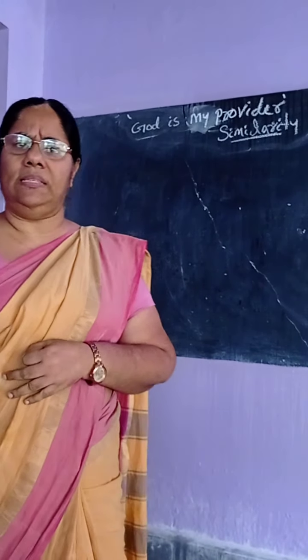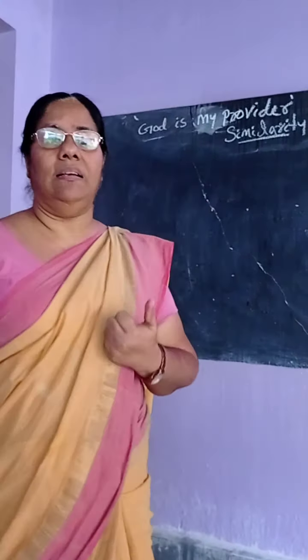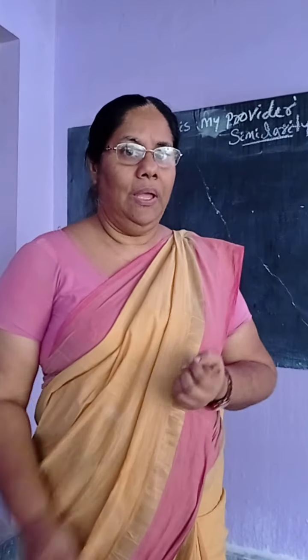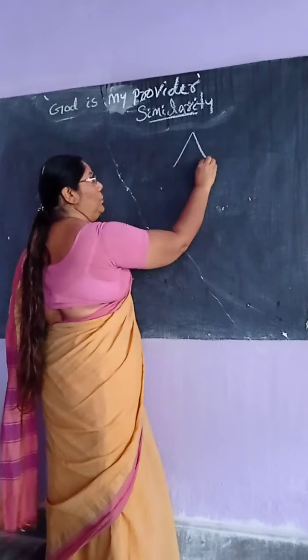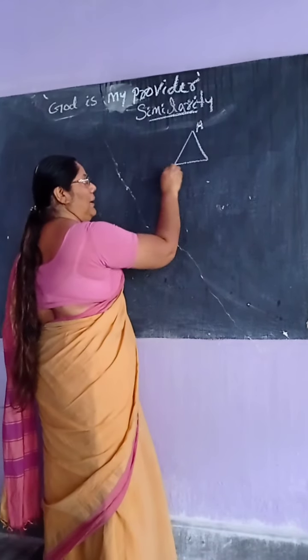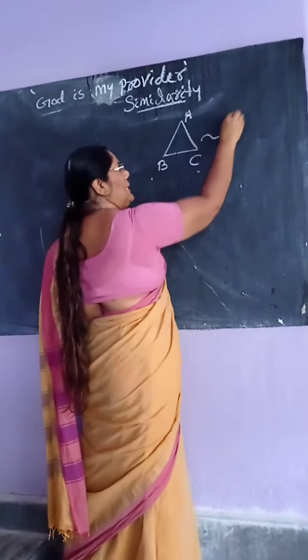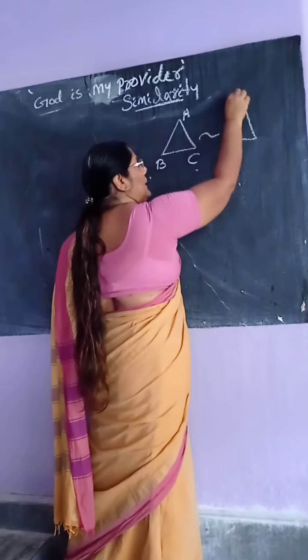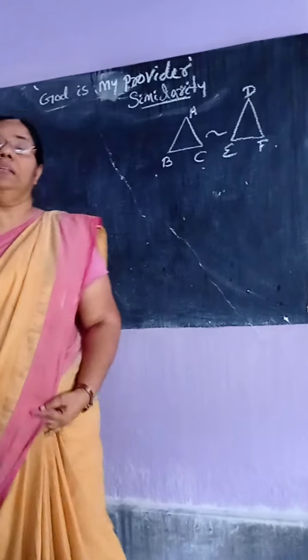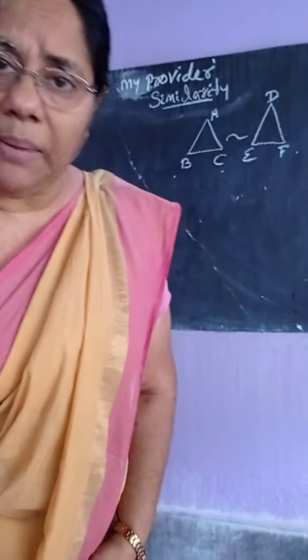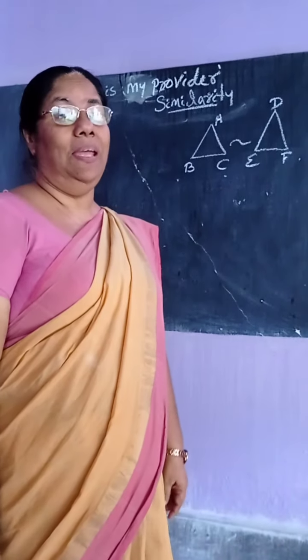The next one is, the previous class I told you, if two triangles are similar, suppose ABC is similar to DEF. Already we proved that these two triangles are similar. Then what's the theorem?